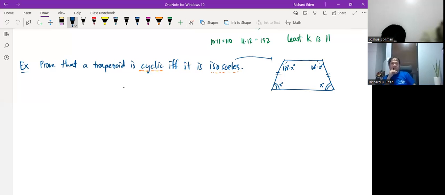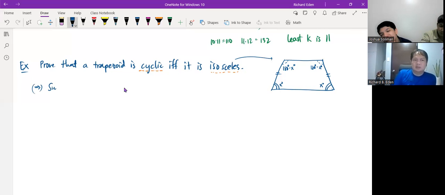Now, can you see why this is so? A trapezoid is cyclic if and only if it is isosceles. How would you argue? Let's say a trapezoid is cyclic. Maybe we could use a proof by contradiction.